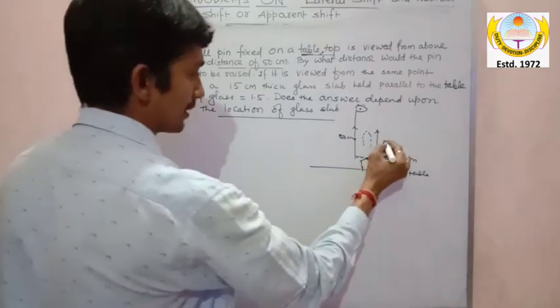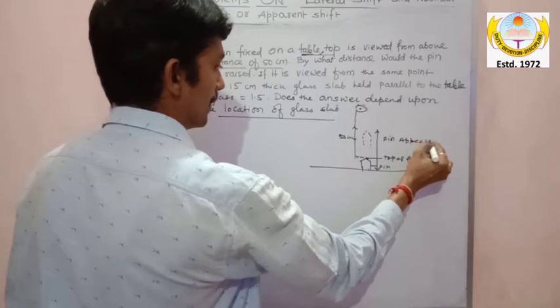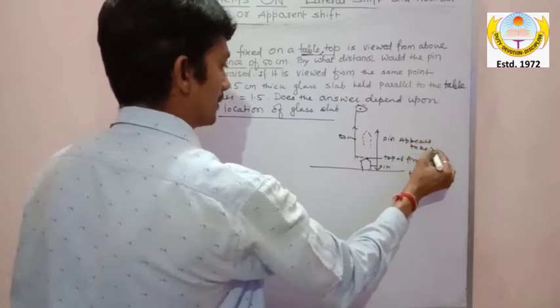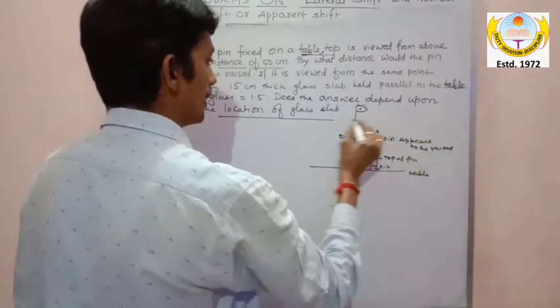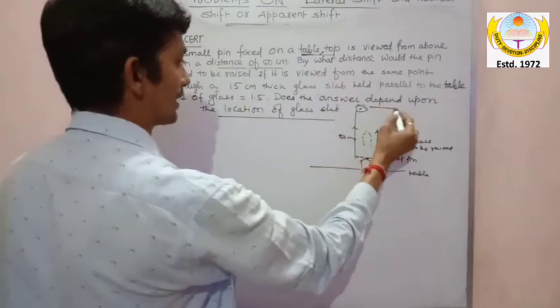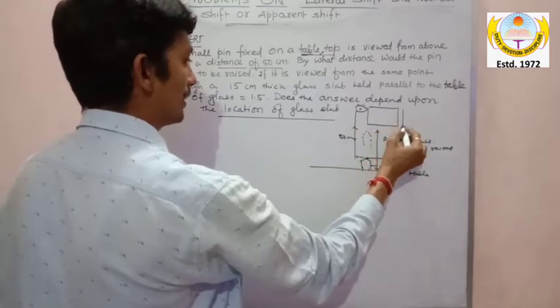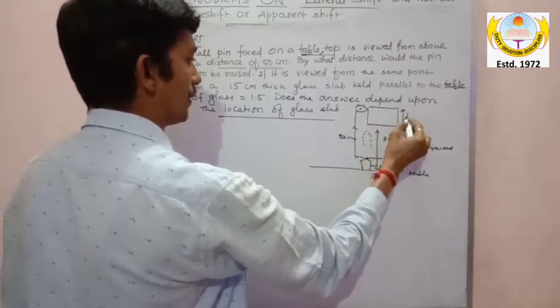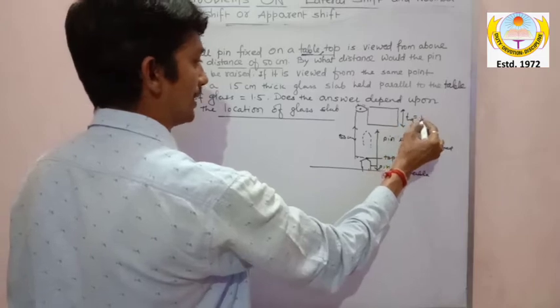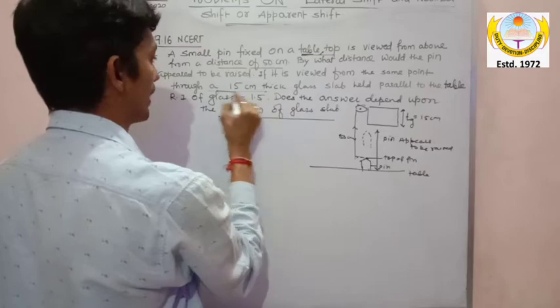By what distance does the pin appear to be raised when it is viewed from the same point with the help of a glass slab? So this is the glass slab, my dear, and the real thickness of the glass slab is 15 centimeter.